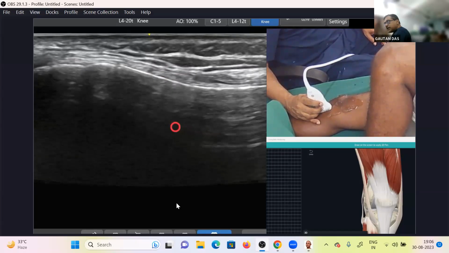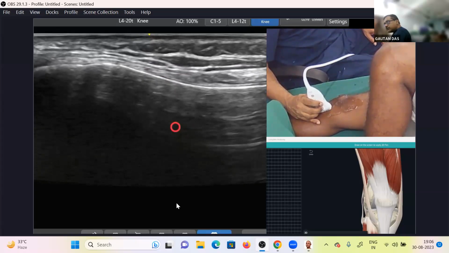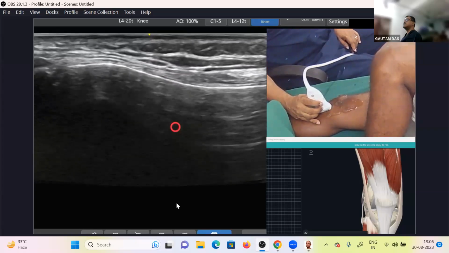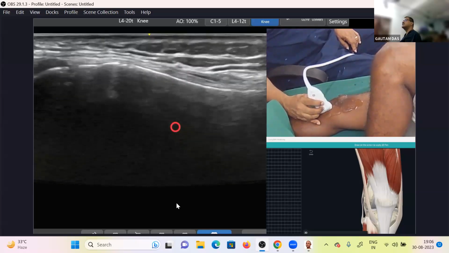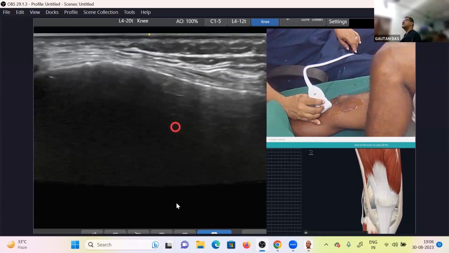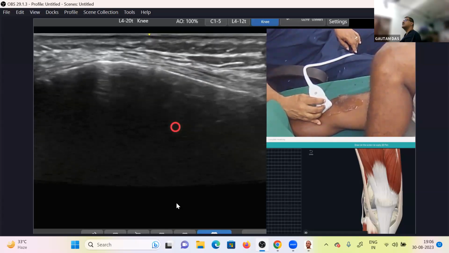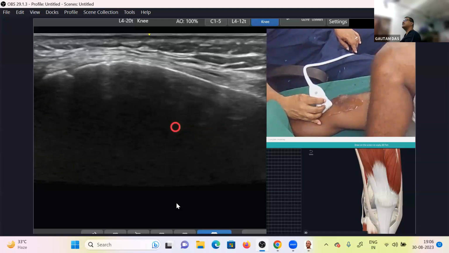Can everybody appreciate that hyperechoic honeycomb appearance, just distal to the artery? That is the nerve. But for doing the procedure in this angle is difficult. You have to normally make it long axis of the artery, and then you'll be able to do it better.